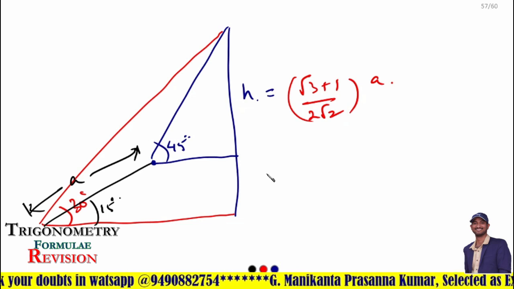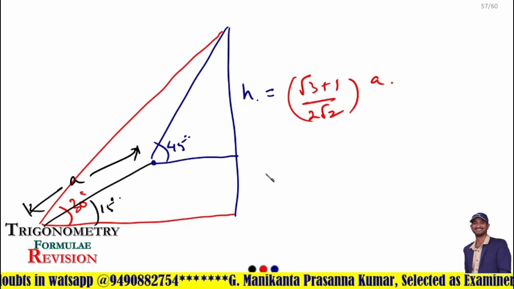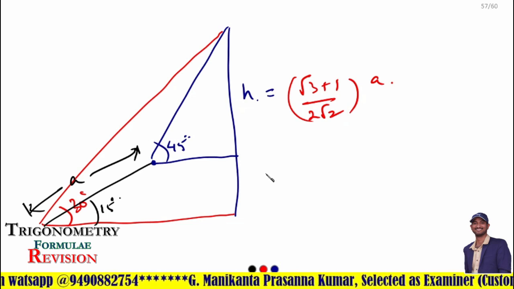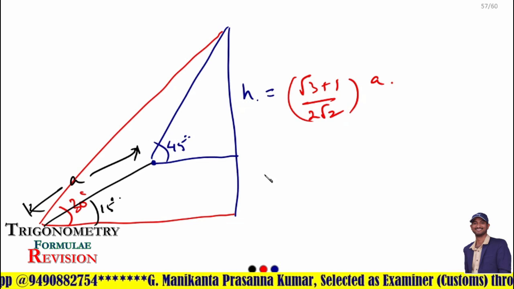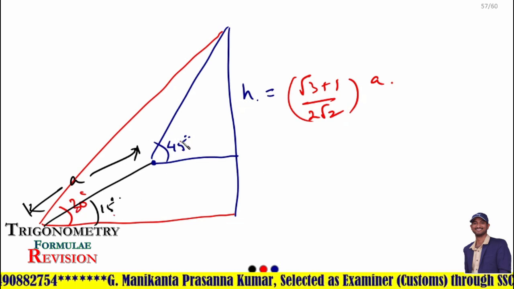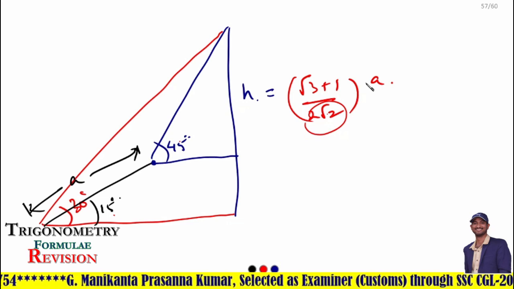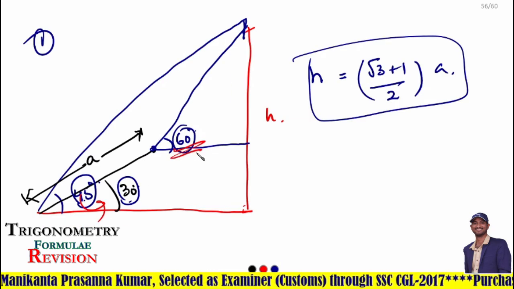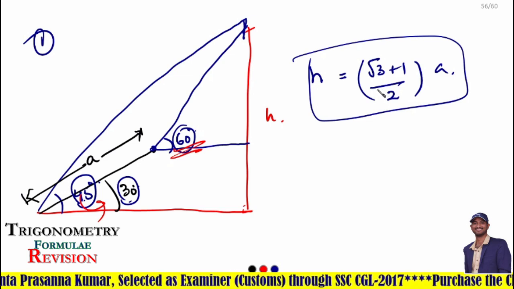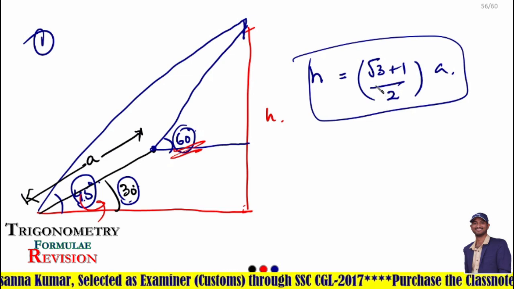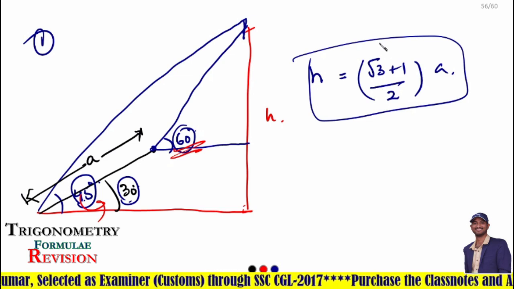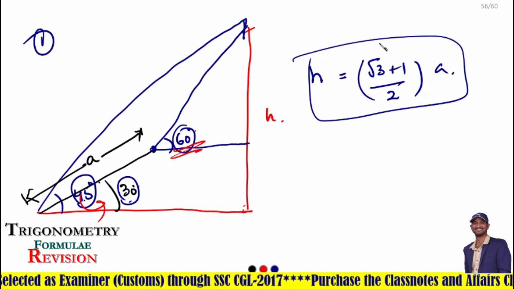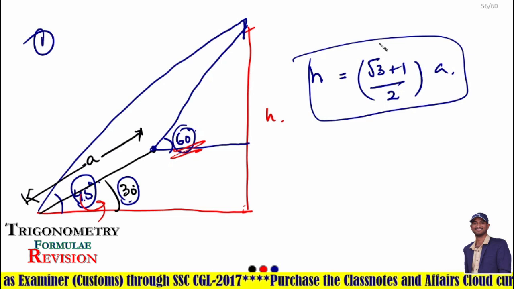These two properties or these two formulas are very, very important in case of tier 2 exam. Okay, please remember the angles 30, 15, 45 means root 3 plus 1 by 2 root 2 into a. If the angles are 45, 30 and 60, then the height of the mountain is root 3 plus 1 by 2 into a. Okay, so these are the main important formulas in trigonometry.